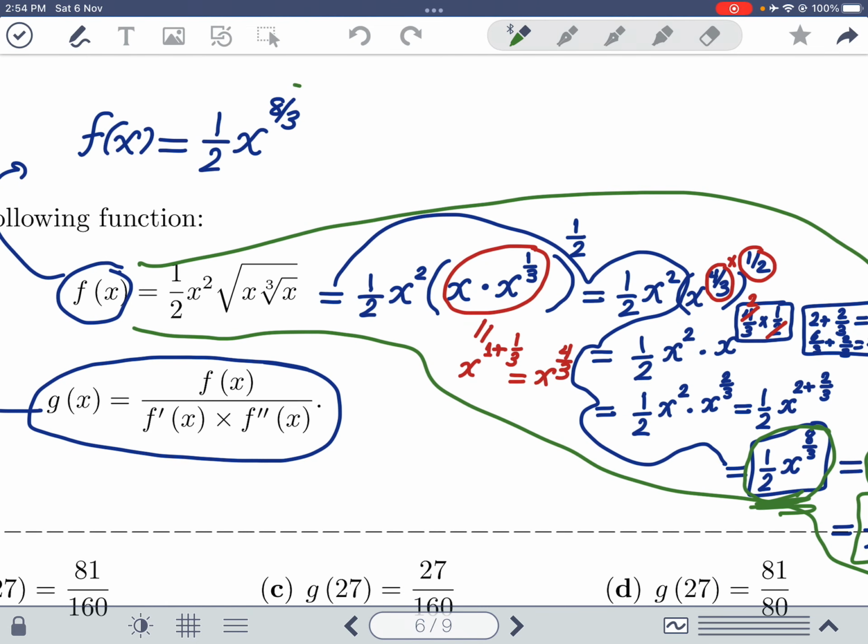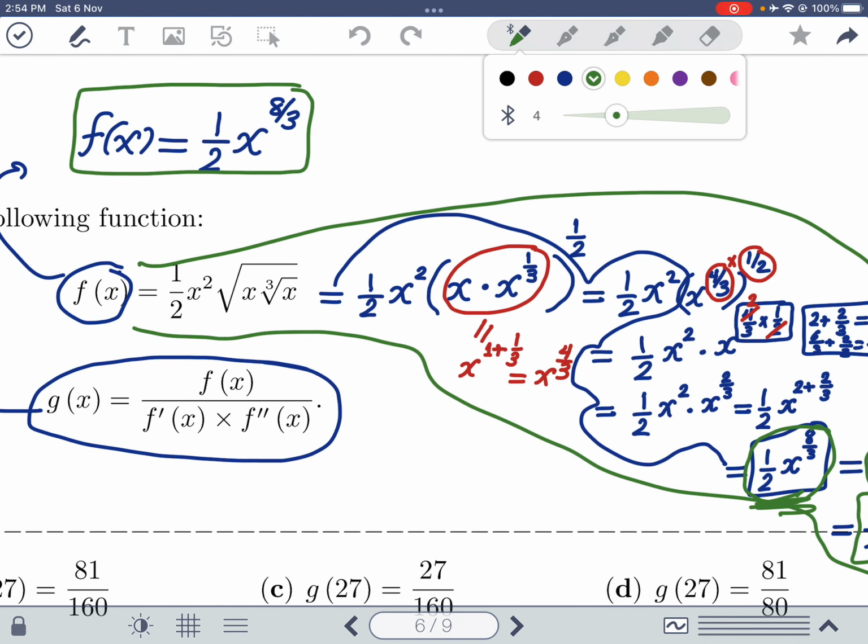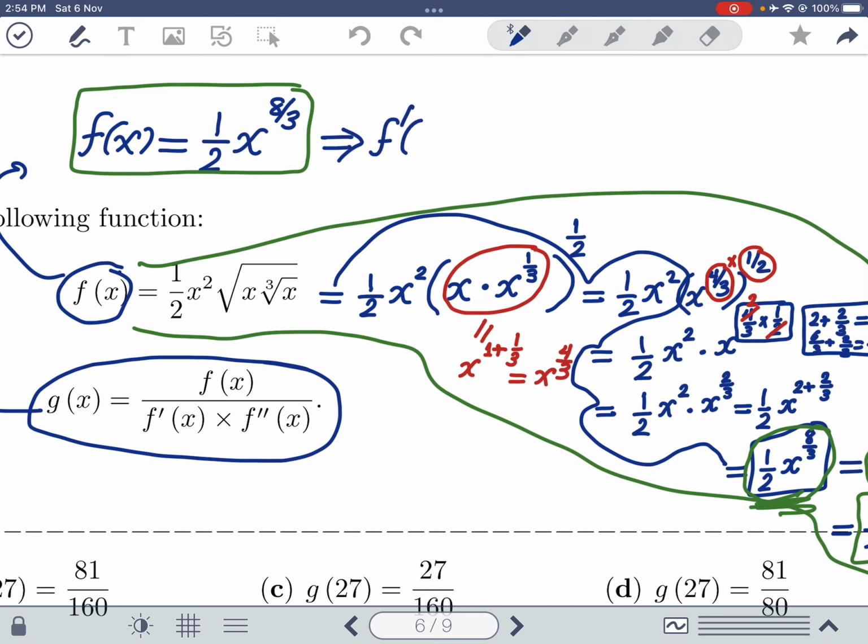Notice that if this is our f, then immediately you can easily get the derivative f prime. That will be half times the 8/3 comes down because it's the power rule, and then you subtract 1 from the 8/3. So the 2 cancels with the 4, and you get 4/3 x to the power 8/3 minus 1. 1 is like 3/3, so it will be 5/3.